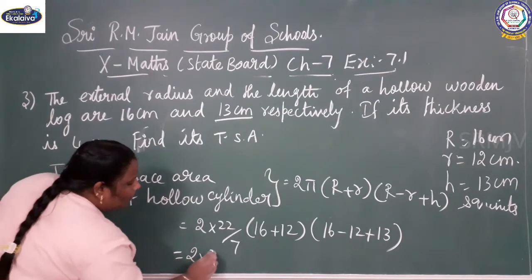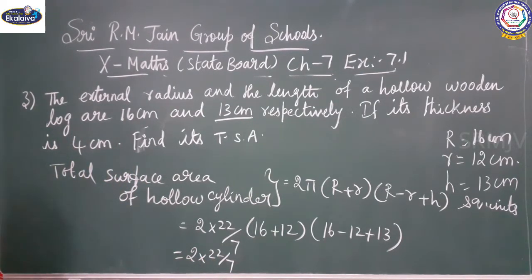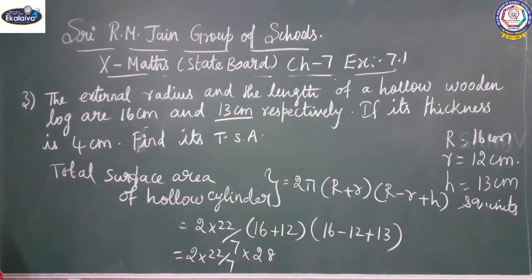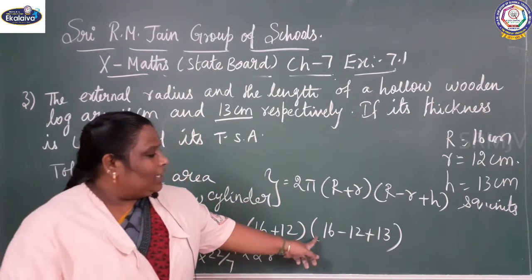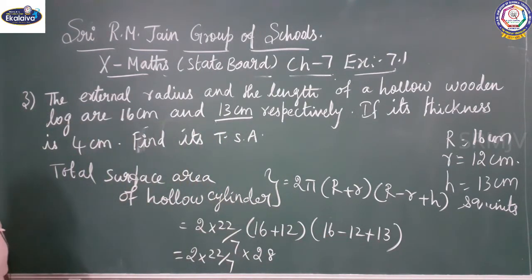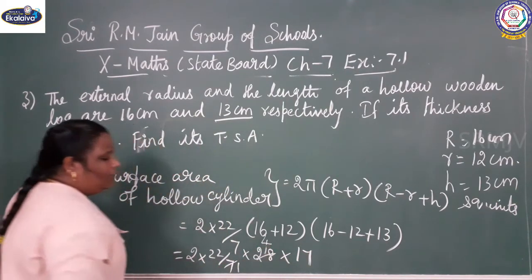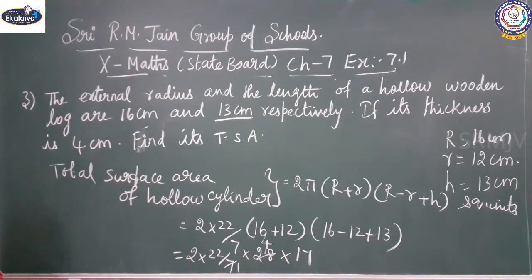So 2 into 22 by 7 into 28 into 16 minus 12, which is 4, plus 13. 4 plus 13 is 17. 7 fours are 28.